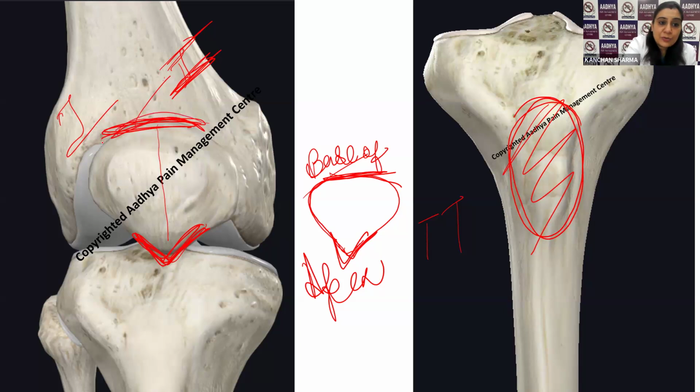You should remember this very, very nicely. And the apex is the origin for your patellar tendon. Then the tibial tuberosity is the insertion for your patellar tendon. So the patellar tendon gets its origin from the apex and inserts on the tibial tuberosity.